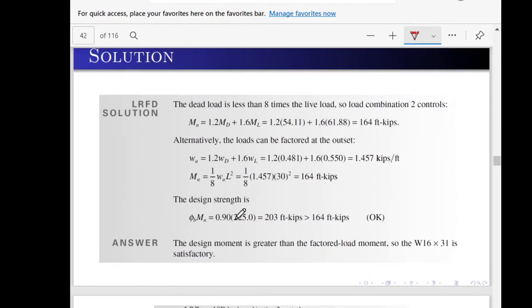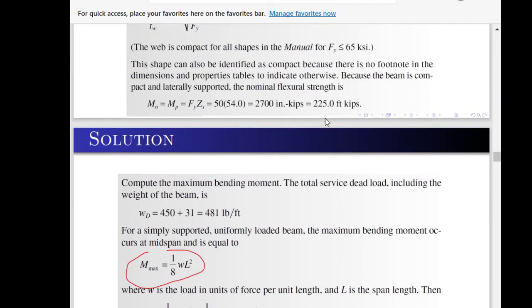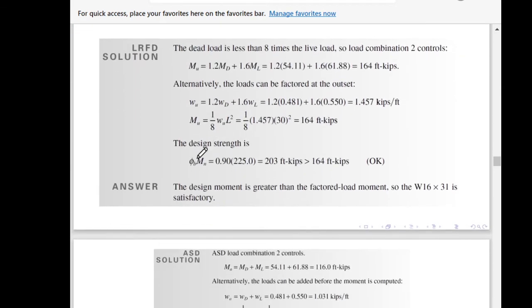Design strength is 0.9 times the nominal moment. The nominal moment, or actually the plastic moment, solved earlier is 225 foot-kips. So 0.9 times 225 is your design moment or design strength. This is the allowable strength or design strength for LRFD.